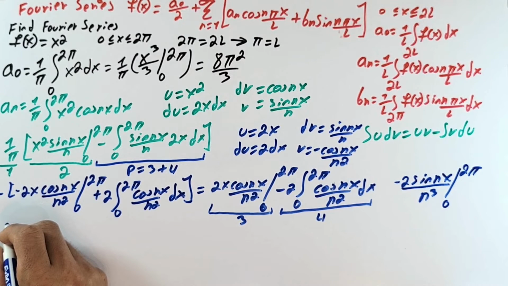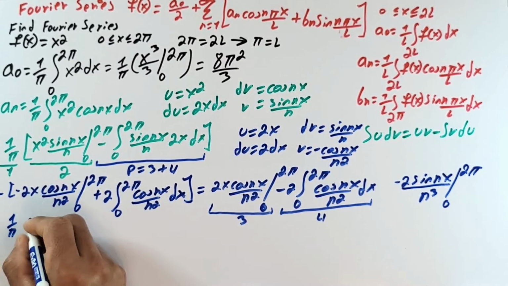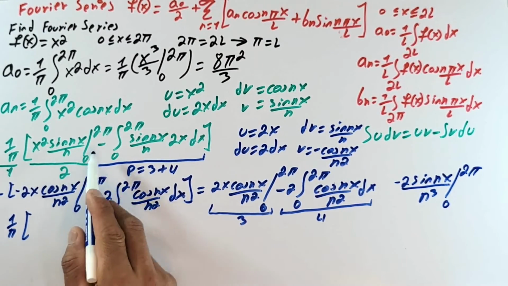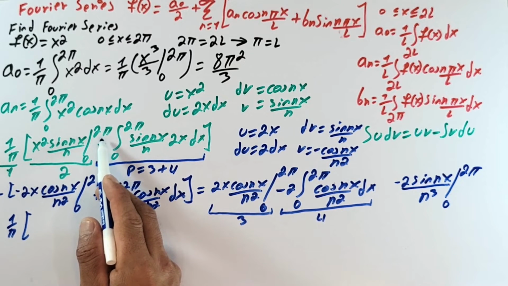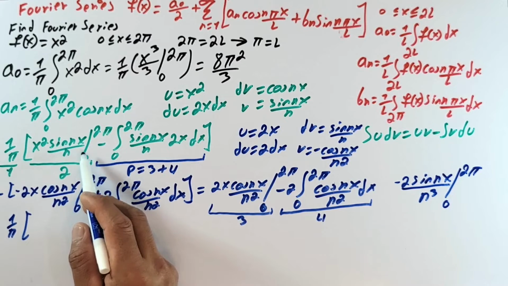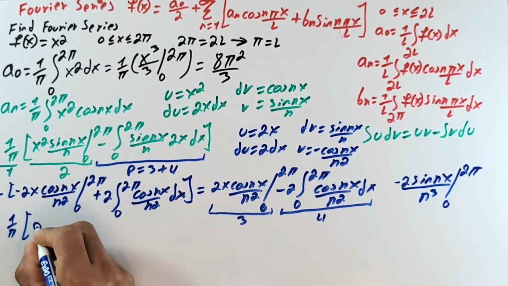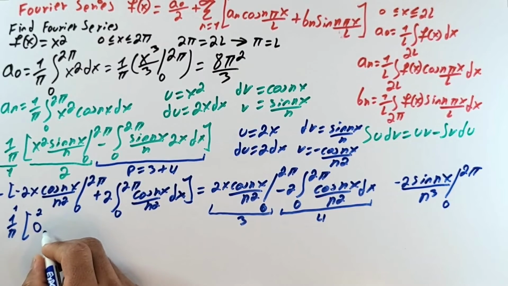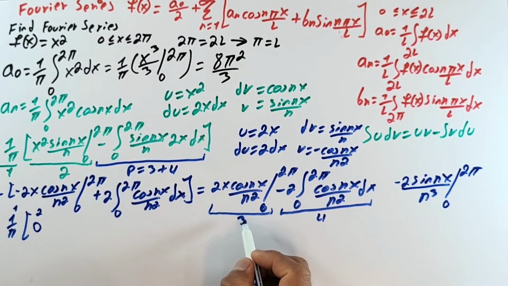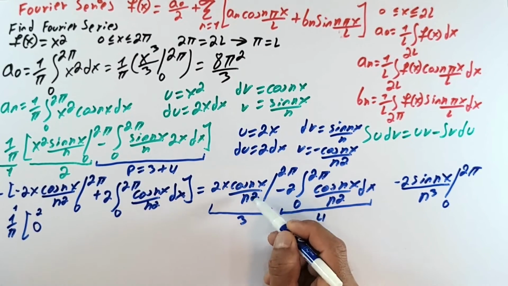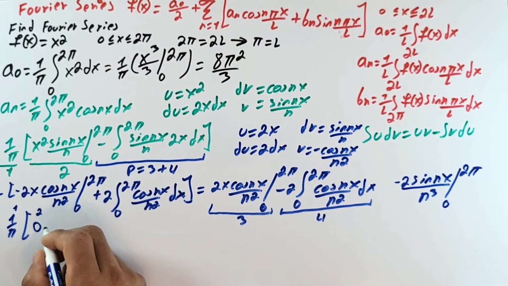Once we do that, we have 1 is 1 over pi. And what is 2? As you can see, when you plug 2 pi into sine it is 0, and you plug 0 into sine it is 0. So this is 0, this is 1. And what is 3 now? 3 is here. We have to plug these limits into this function.